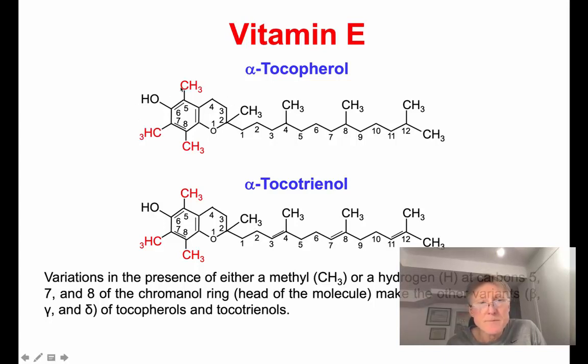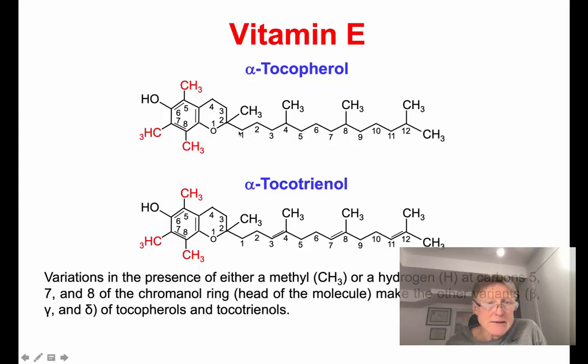These two rings are kept together, and you can see here that there are 1, 2, 3, 4, 5, 6, 7, and 8 carbons that make up this chromanol ring, and then we have a tail. So the tail in the alpha tocopherol molecules, they are saturated. There are no double bonds in this tail.